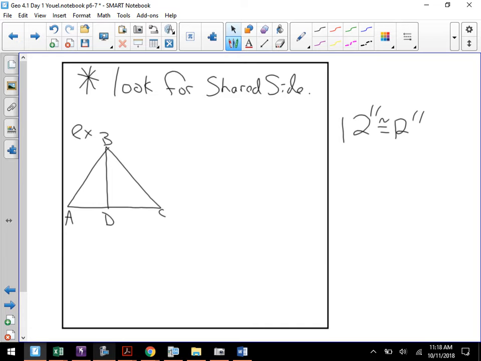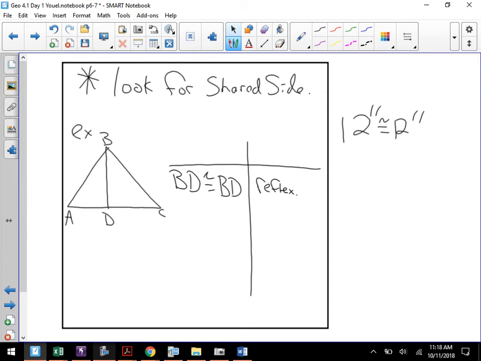So if I start throwing stuff around like that, what happens here is when it's a shared side, you can state that it is congruent to itself because of what's called the reflexive property. The reflexive property basically states you're congruent to yourself.